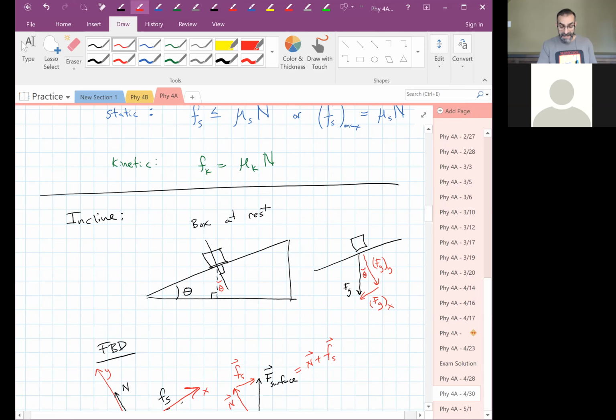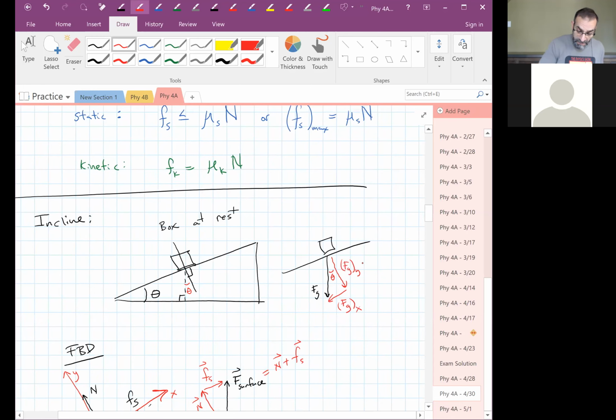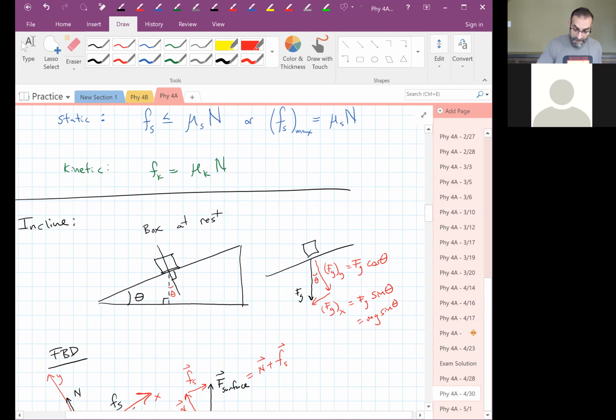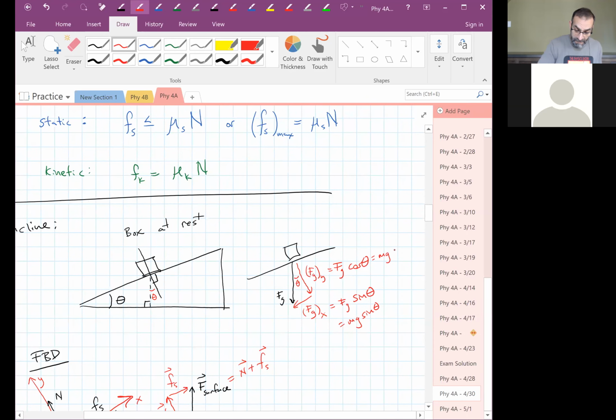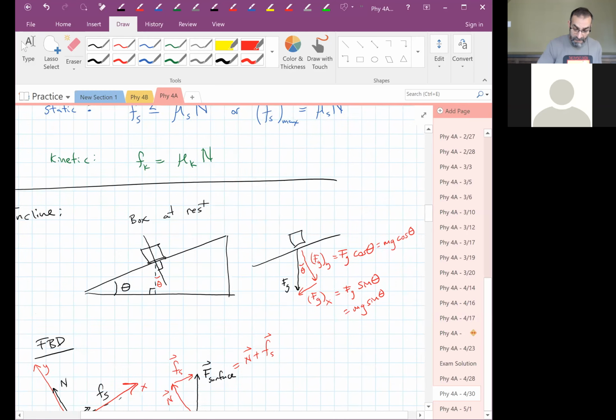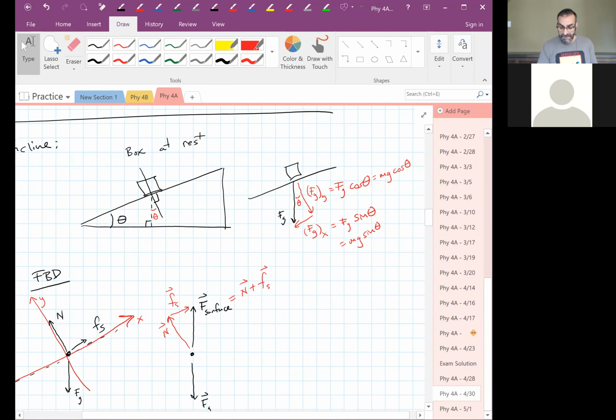So if that angle is theta and the hypotenuse is f sub g, then the y component is f sub g times the cosine of theta, and the x component is f sub g times the sine of theta. And what is the force of gravity? It's just mg, right? So this is mg sine theta, and the other one is mg cosine theta. We okay with that one?